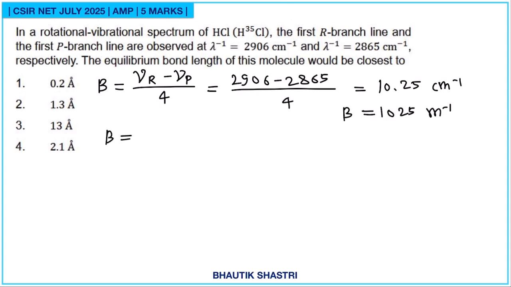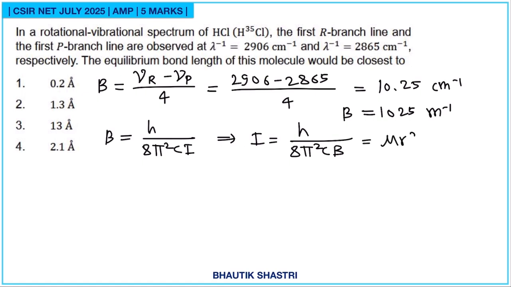Now B is also equal to H upon 8 pi square Ci. So from here I is equal to H upon 8 pi square Cb, where B is rotational constant, I is moment of inertia, and I is also equal to mu r square. So if we calculate I and mu, we can get r.